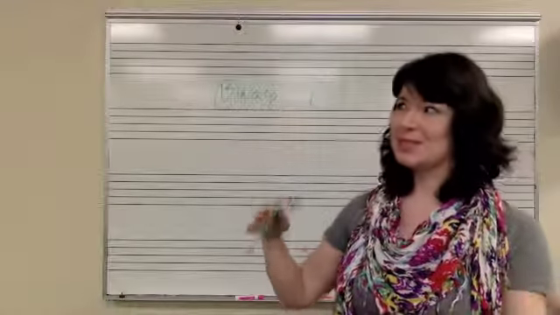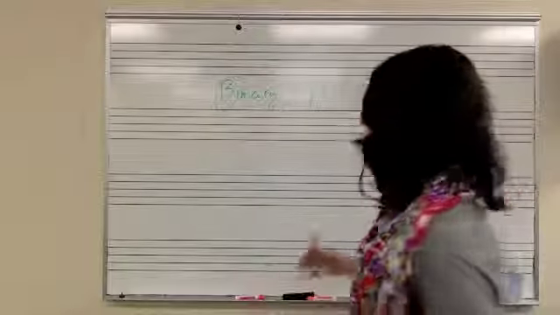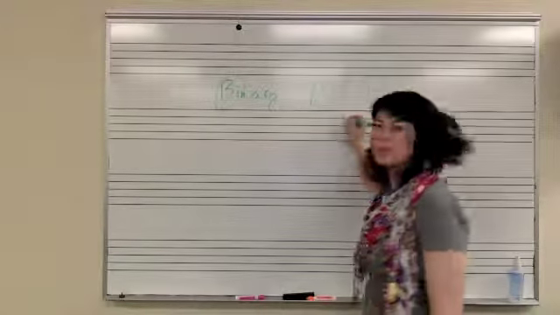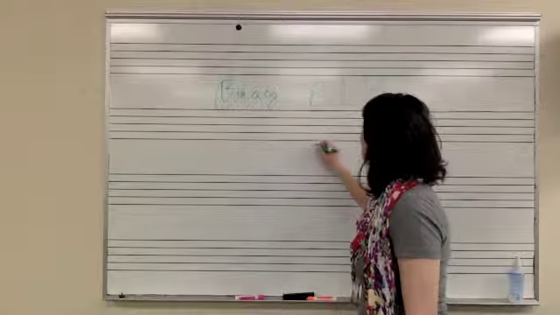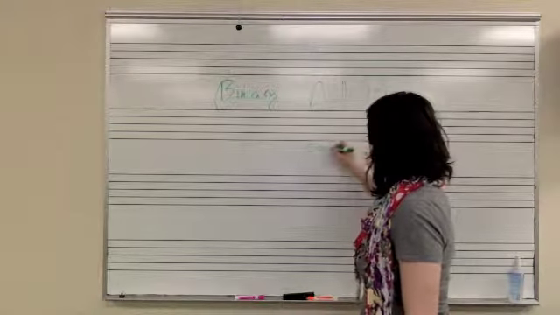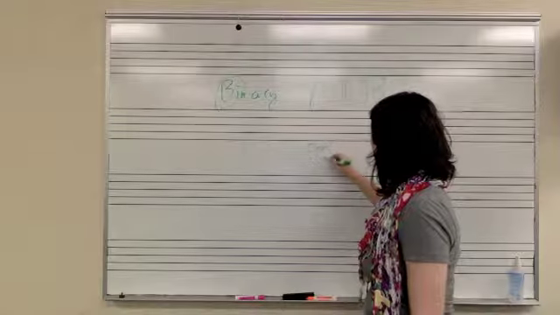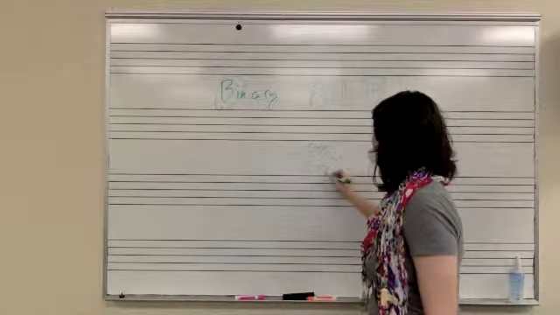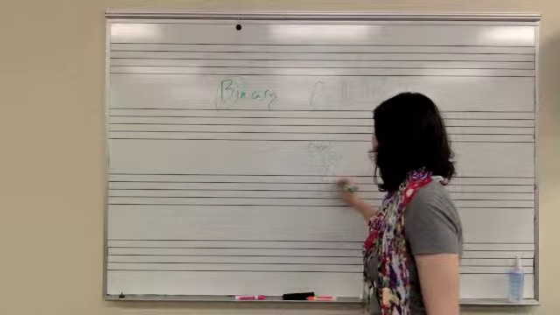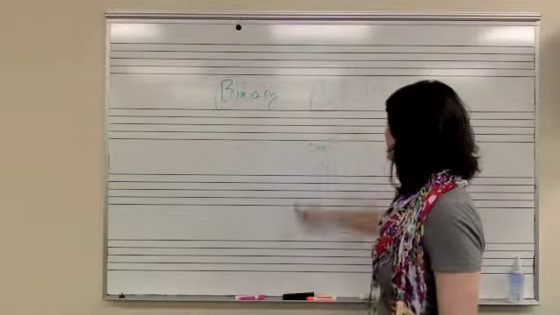If it's open, it means it does not end on the tonic. It usually has to do with the cadence. So if it's closed, it's going to end on some sort of plagal or perfect authentic or imperfect authentic cadence, right? So it's going to end on one of these.